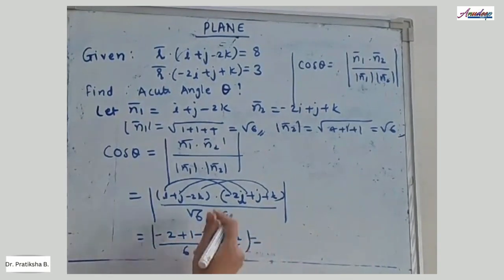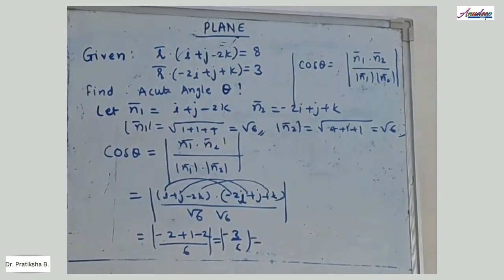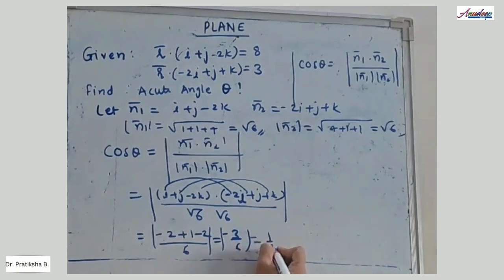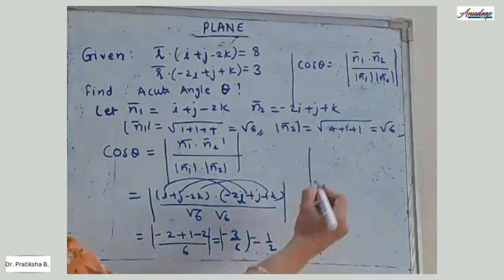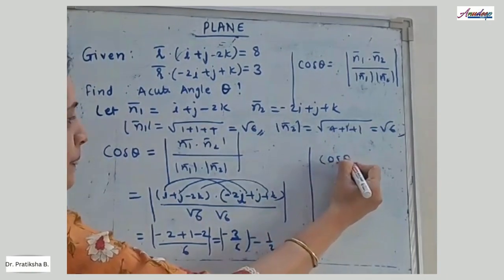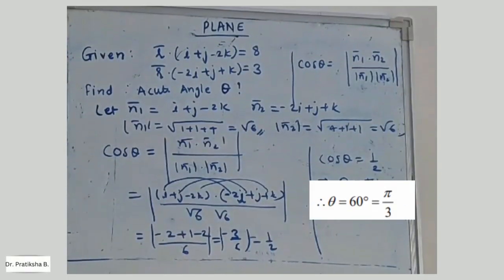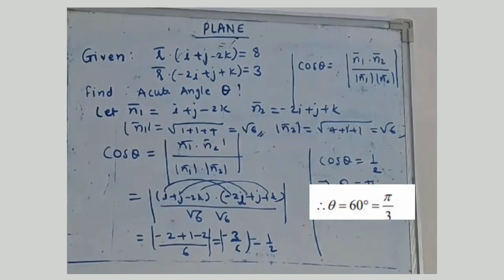After the modulus sign, we can neglect the negative sign, so I am getting 1 by 2. So cos theta equals 1 by 2. Therefore, theta equals pi by 3, that is 60 degrees.